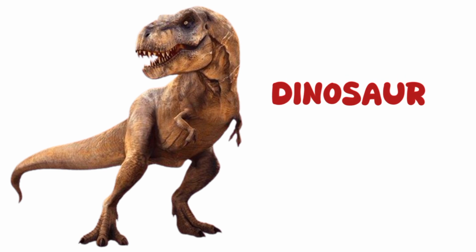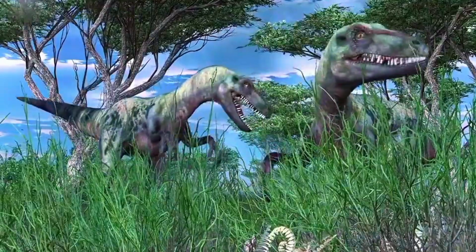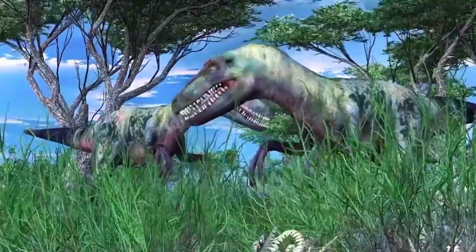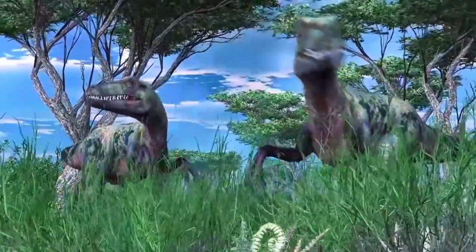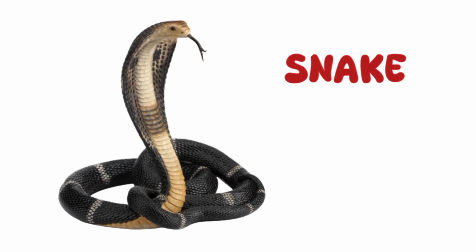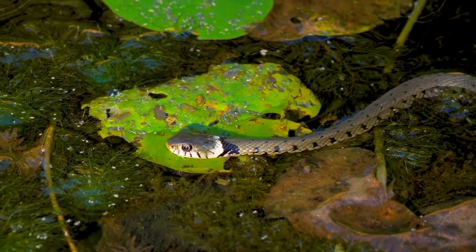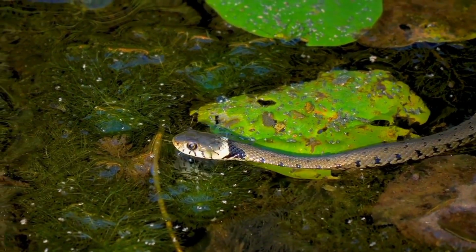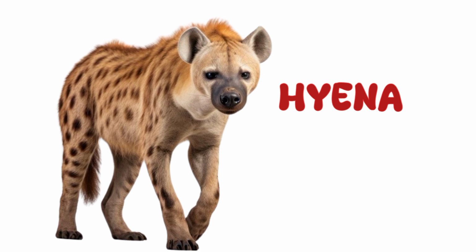This is dinosaur. These are dinosaurs. They are looking very dangerous. This is snake. The snake is lying on the leaf. Hyena.